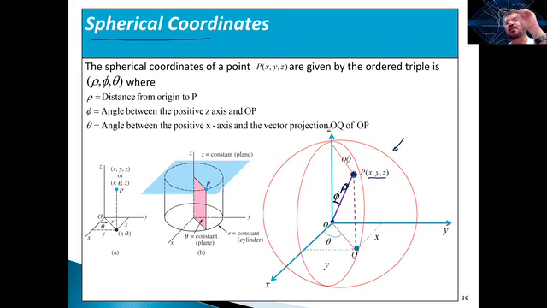This is the distance between the surface of the sphere and the origin, which is the radius of the sphere. Then we're going to measure the distance between that radius and the z-axis. This angle is phi. So phi is the angle between the positive z-axis and rho.